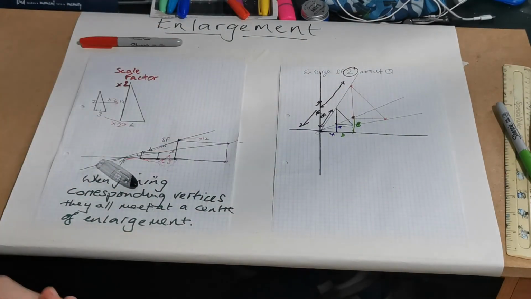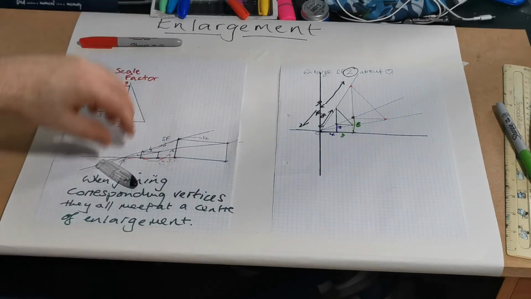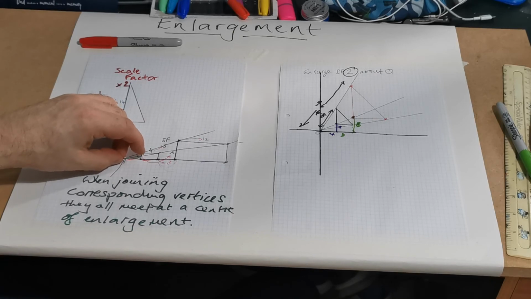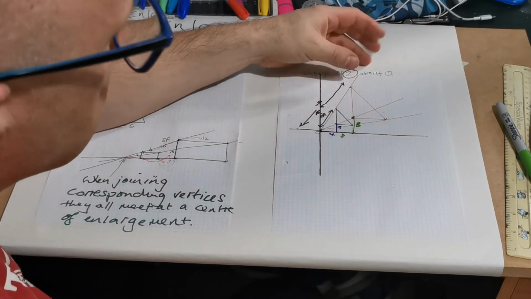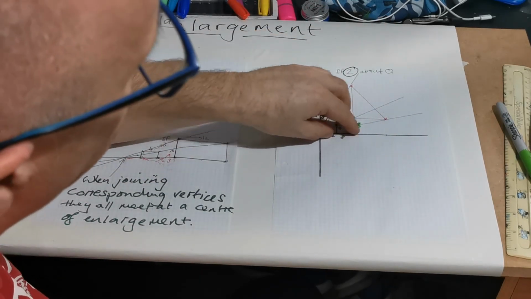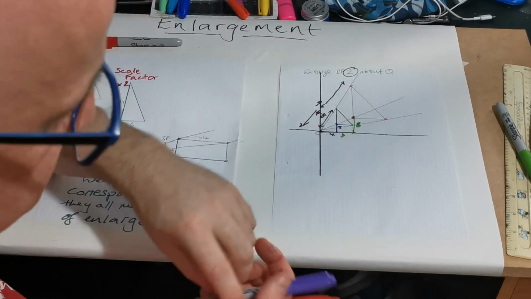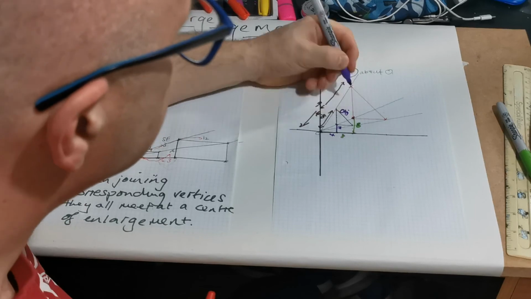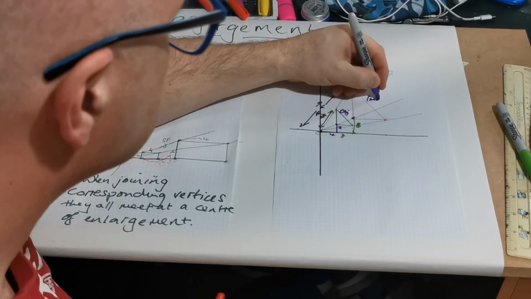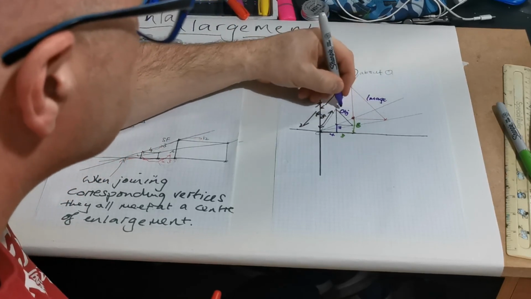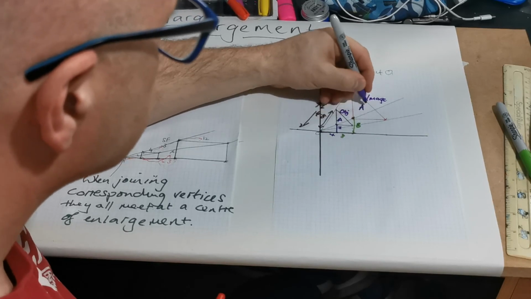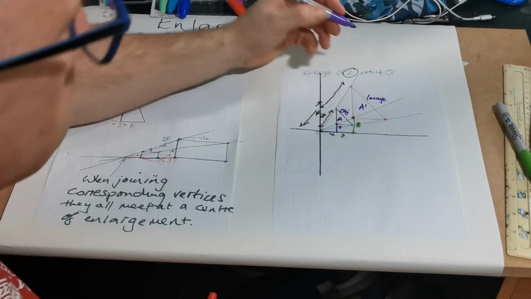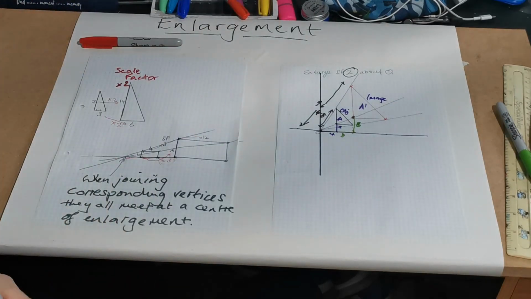I know you're used to doing it like that, but this whole idea of them joining at the centre of enlargement and then using a centre of enlargement to come out from there through the object to create the image, by thinking about distances that you would travel along those rays. Okay.